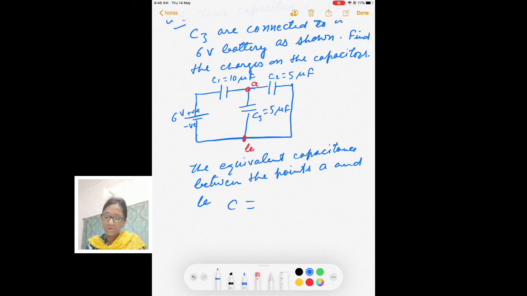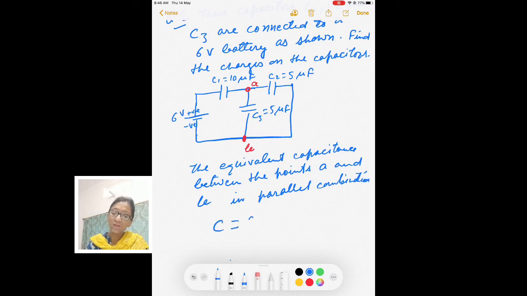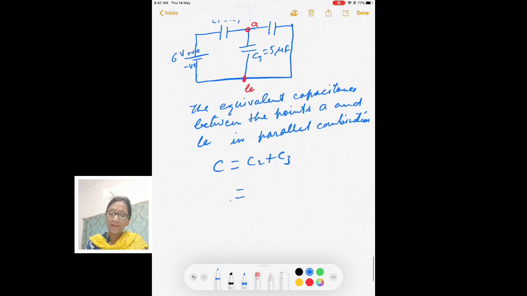So therefore in parallel combination, C is equal to C2 plus C3, and this is equal to 5 plus 5 microfarad is equal to 10 microfarad.